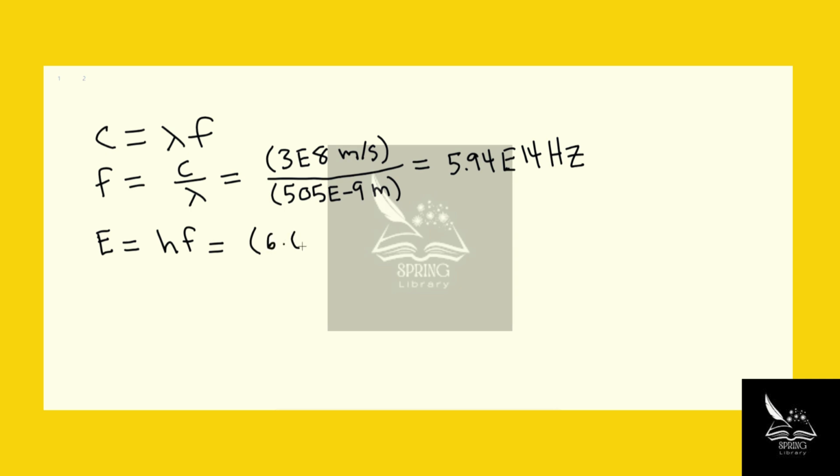So this is our 6.626 e to the negative 34 joule seconds, multiplied by our frequency, 5.94 e to the 14, 1 over seconds, because that's the definition of hertz. And this will come out to be about 3.94 e to the negative 19 joules.